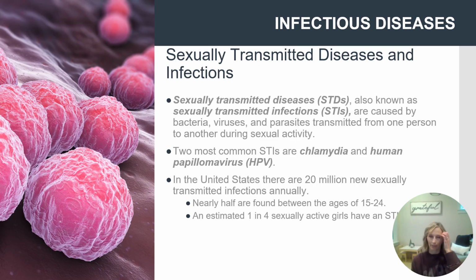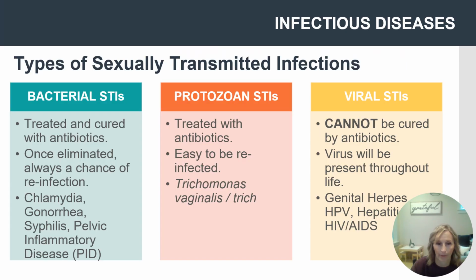So it's important that if someone is being sexually active, they get tested on a regular basis, especially if they have more than one sexual partner and they're not using precautions like condom use and being aware of their sexual partner's histories. So it's important for all sexually active individuals to talk to their healthcare providers regarding this and also get tested when needed.